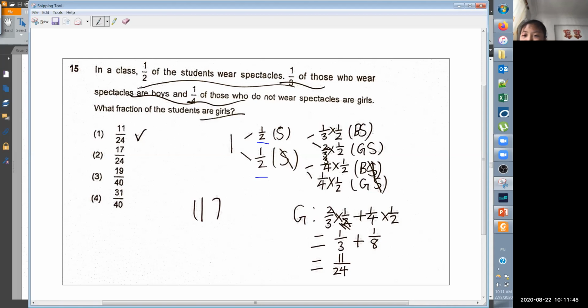Can you see that the fractions are half, 1/3, and 1/4? So the common multiple is 12, right? So I will start with 12u. Half of the students wear spectacles, so it means 6u wear specs and 6u no specs.